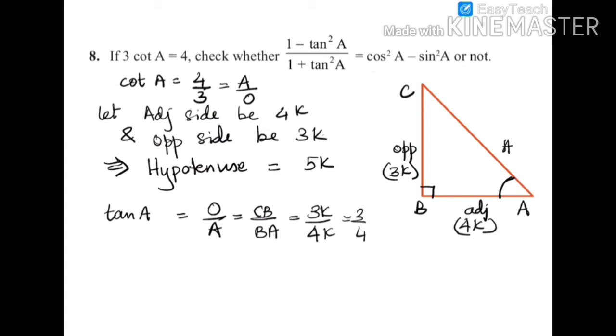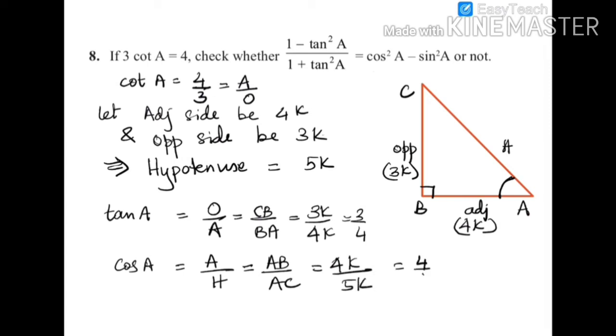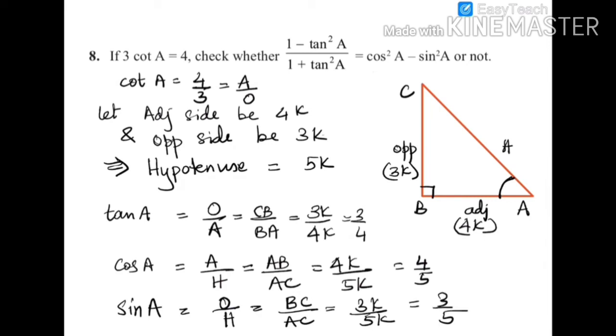Similarly, cos A is adjacent upon hypotenuse. From the figure, it is AB upon AC, and that is equal to 4k upon 5k, that is 4 upon 5. And sin A is opposite upon hypotenuse, which is BC upon AC, that is equal to 3k upon 5k, and that is equal to 3 upon 5.